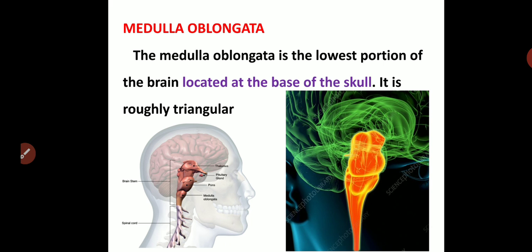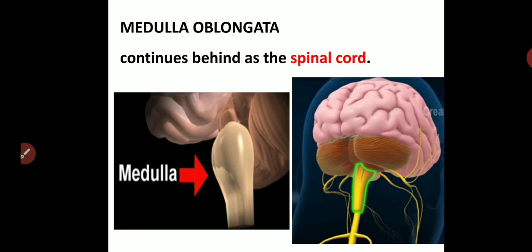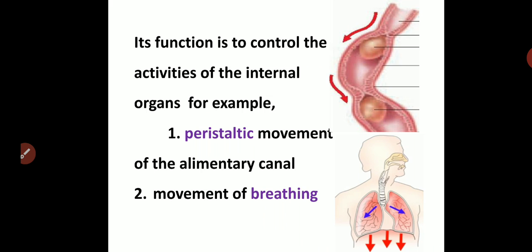And what it does is the work of controlling the involuntary activities of the internal organs. Here in this diagram also you can see the medulla oblongata clearly marked for you. And in the second diagram, the green one highlighted is the medulla oblongata. The lower yellow color rod or cord-like structure is the spinal cord. So it does the work of controlling involuntary activities.